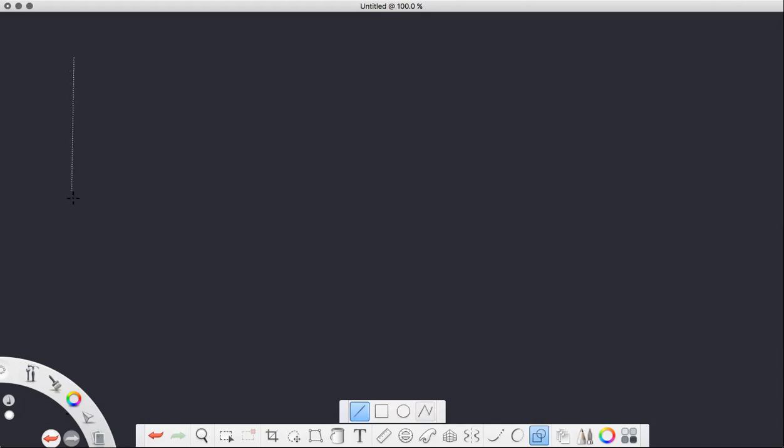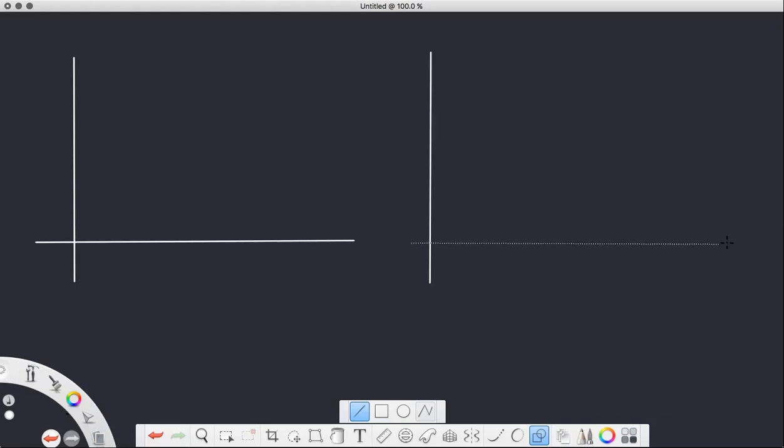Right, this one is an important note to copy down. So I'm going to draw 2 graphs like this.